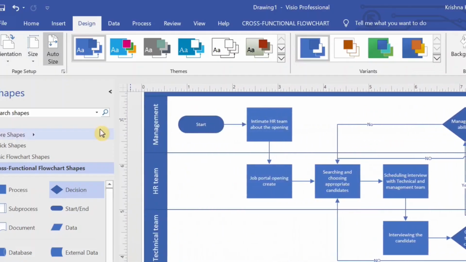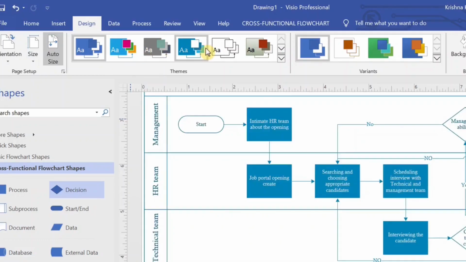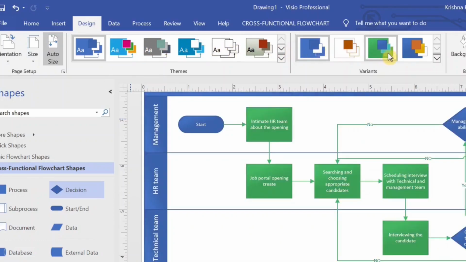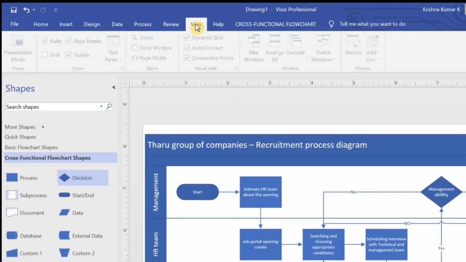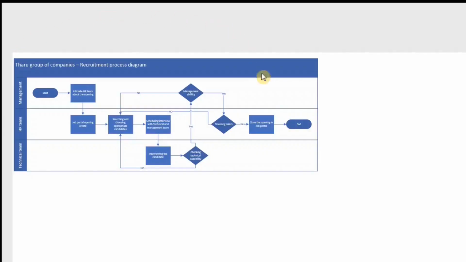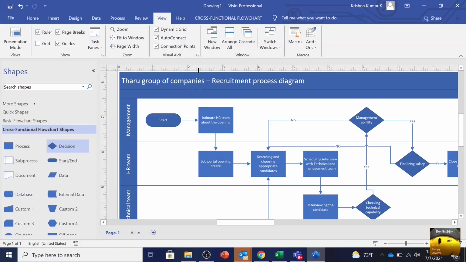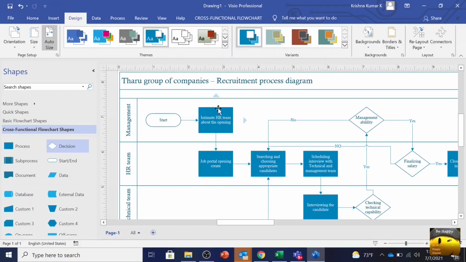And here in the design, I can choose whatever design I require. In the variants, you can also see the internal shapes getting different colors, and whatever is needed, I can choose that. If you want to see how it will originally appear, click on the View menu and choose the presentation mode. So this is how our process document will appear. If I am not satisfied with this, I can modify the themes and the variants.